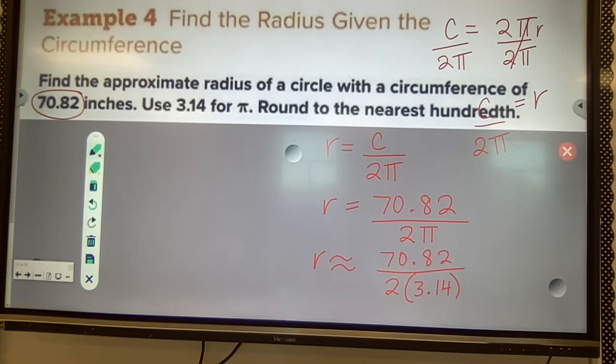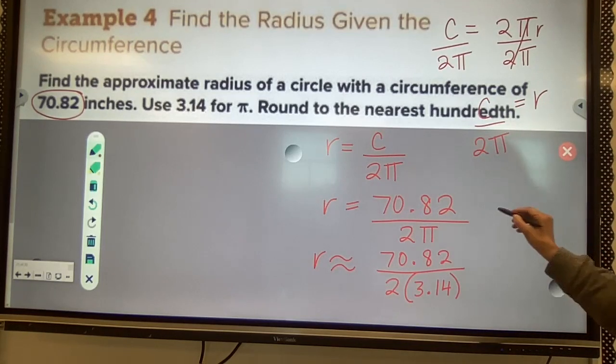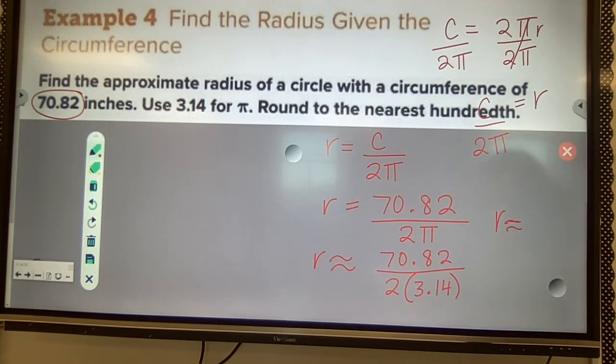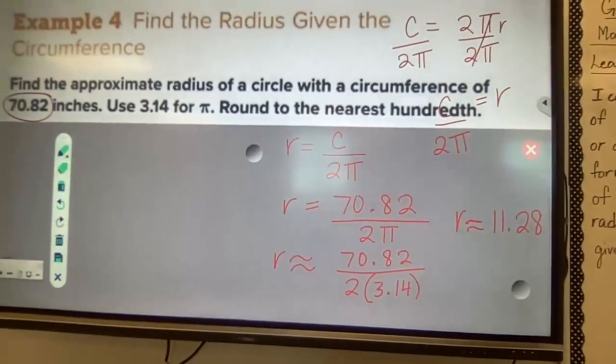When we simplify this, we end up with r approximately equal to 11.28. So the approximate length of the radius of a circle that has a 70.82 inch circumference is about 11.28 inches.